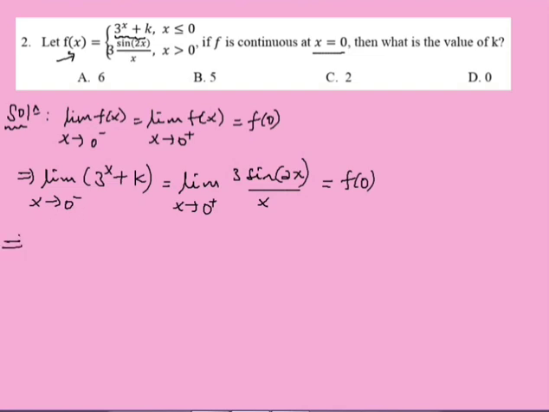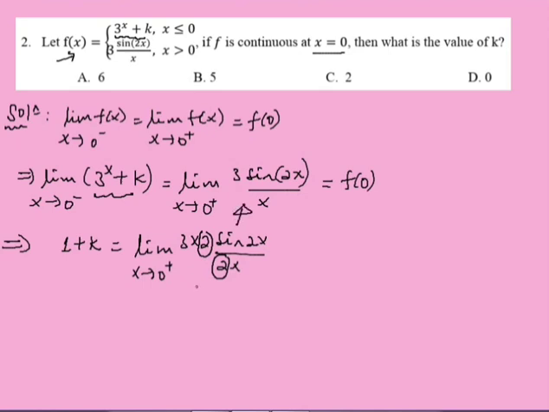So this implies here you can substitute 0 in place of x. So it becomes 1 plus k is equal to the limit of 3 times 2 times sine 2x over 2x as x approaches 0 from the right. Here, I did something here. These two can be cancelled out, then it remains the original one.